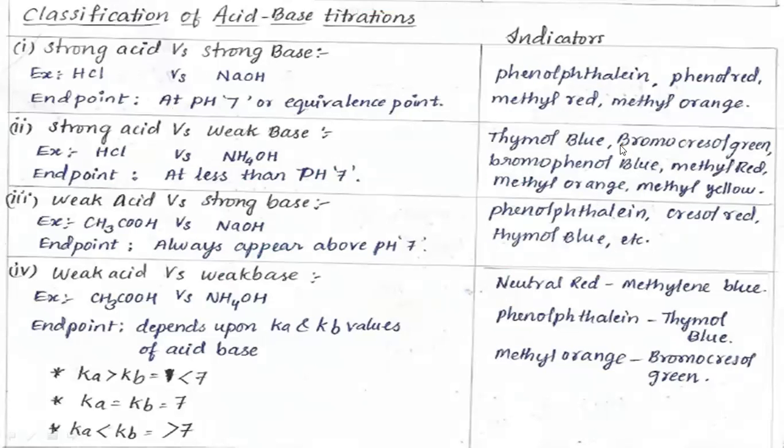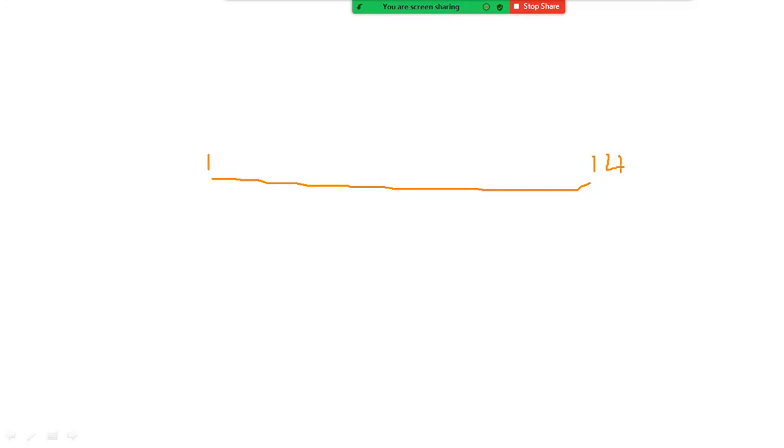For example, this is a pH scale, which goes from pH 1 to 14, right? And 7 is the neutral medium, and 1 to 3 is strongly acidic, 3 to 7 is weakly acidic, 7 to 11 is weakly basic, and 11 to 14 is strongly basic, right?